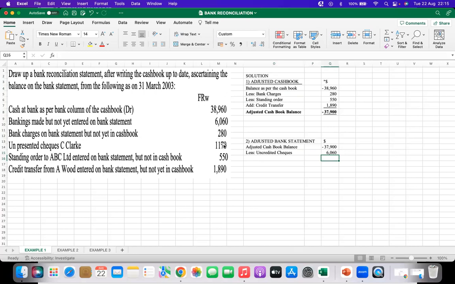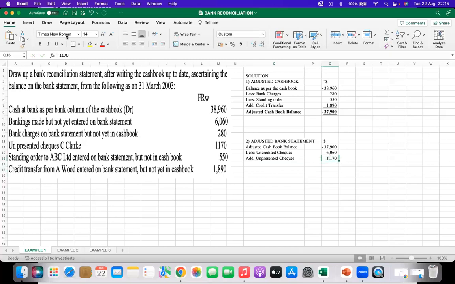So what else? There is an amount we have not yet used. These are unpresented checks. Unpresented checks are added. These are checks that you gave to suppliers, but the suppliers have not yet taken them to the bank. So our unpresented check there is 1170.